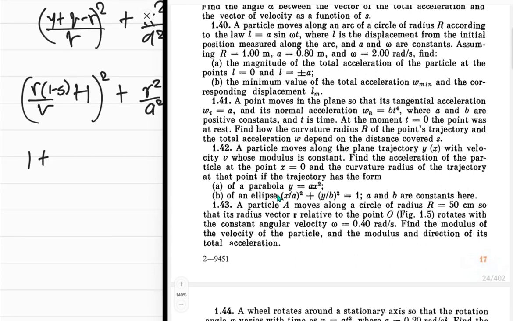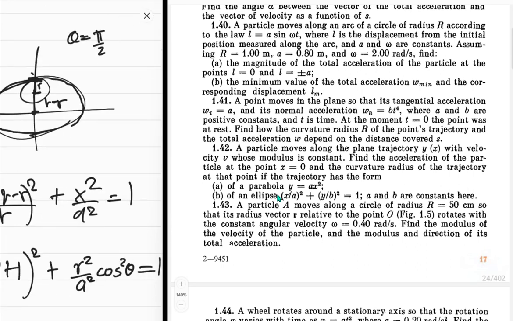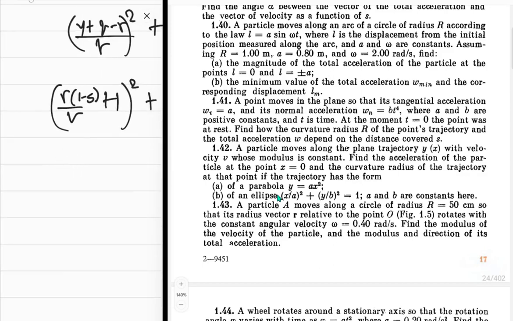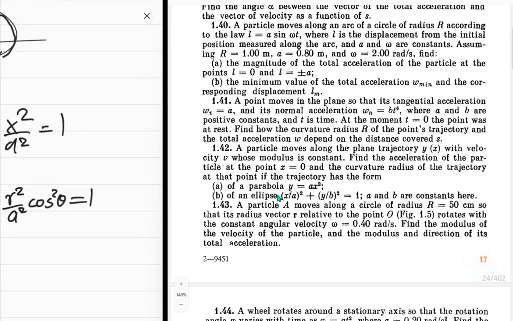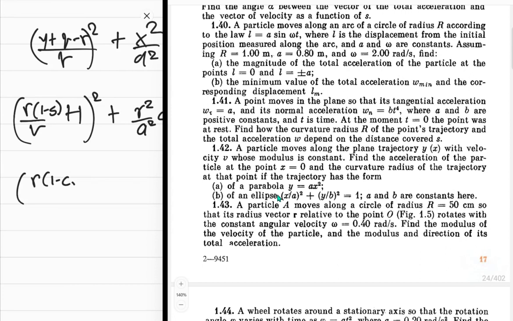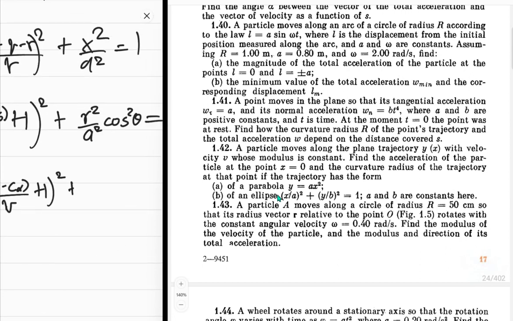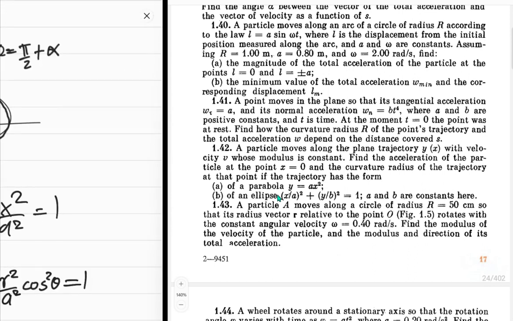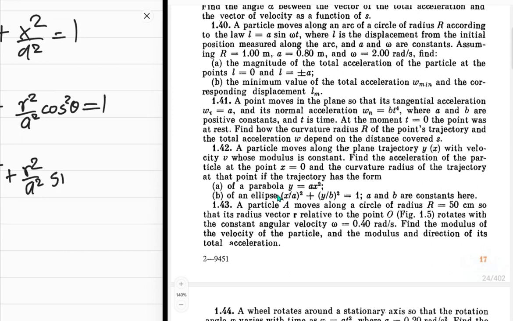So then it will just become r into 1 minus sine of this kind of thing, that's just 1 minus cosine alpha, upon b, plus 1, squared, plus r squared upon a squared, and then cosine squared alpha, we can write that as sine squared of alpha, squared, right?